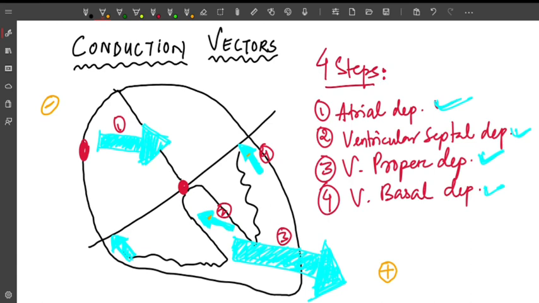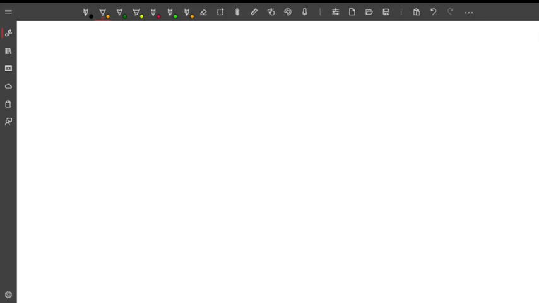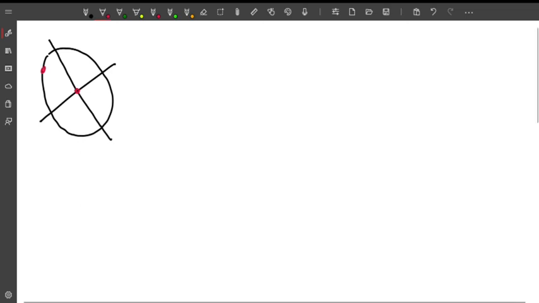So I'll make one brief diagram. Suppose this is the heart. This is the AV node, and you had one vector here, one small vector here, one large vector here, and two small vectors here.